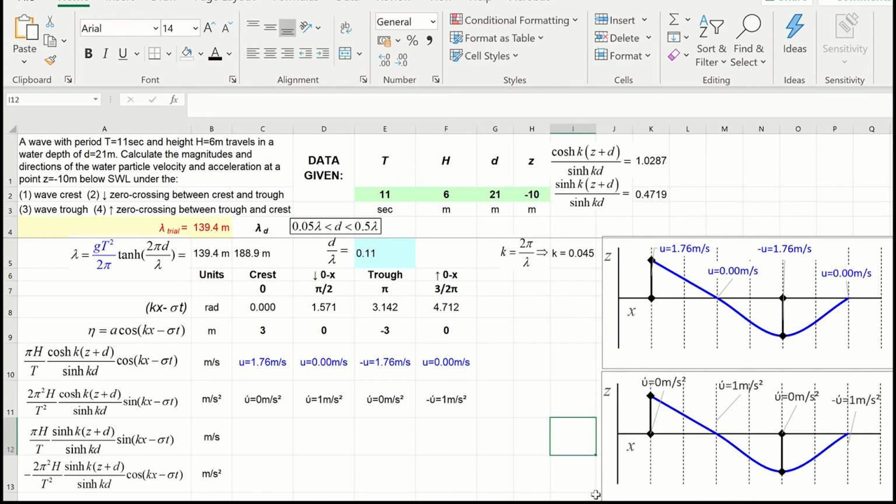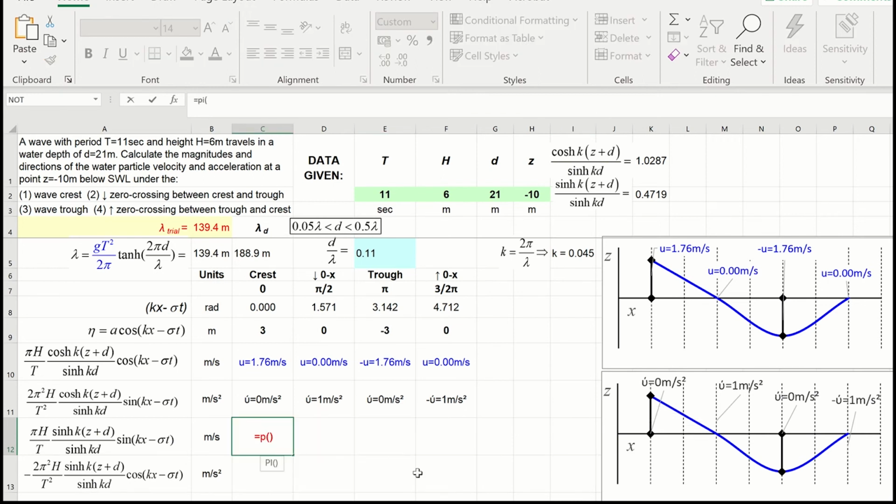Now I'm ready to calculate the value of vertical velocity, which is pi multiplied by wave height, which is again F4, divided by wave period, again F4, and now multiply by the ratio of hyperbolic sine to hyperbolic sine, which I already calculated.